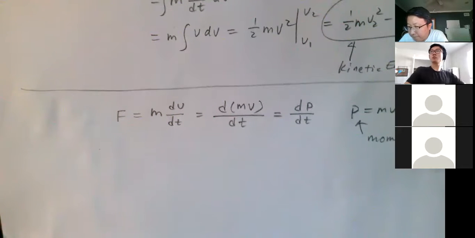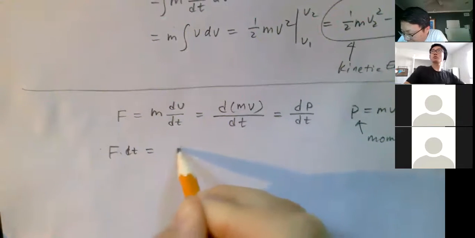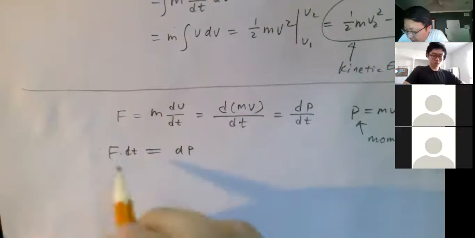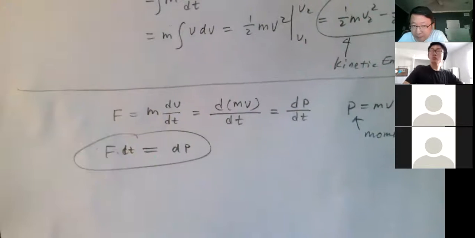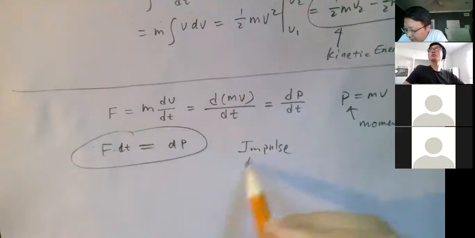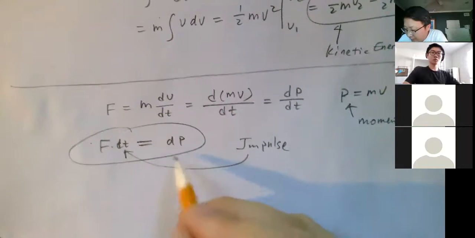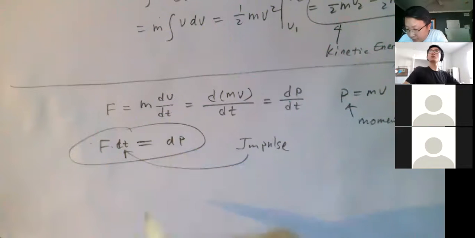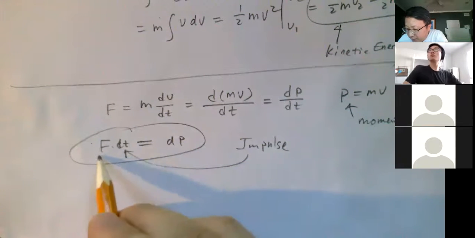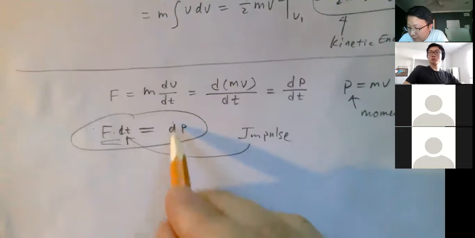Okay. And if you multiply both sides by delta t, F times delta t equals dp. So this is basically the impulse, force times time. This is called impulse, and this is the momentum change. So under what kind of condition is momentum conserved?